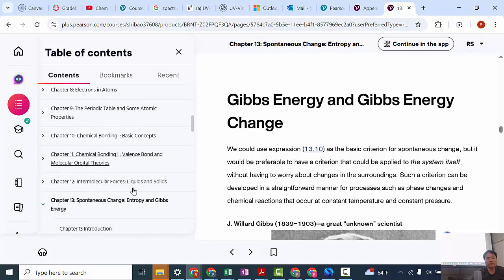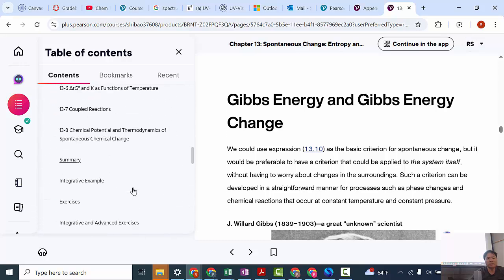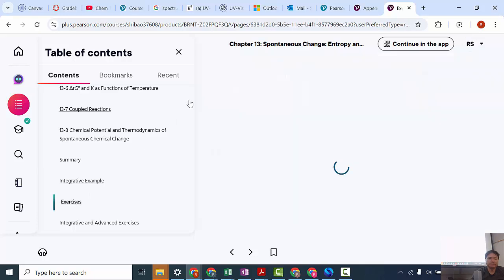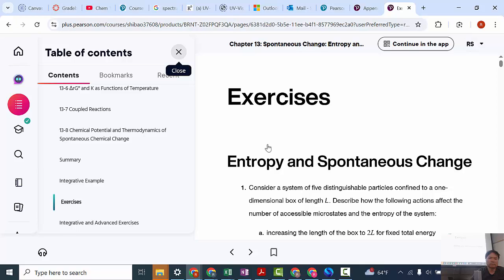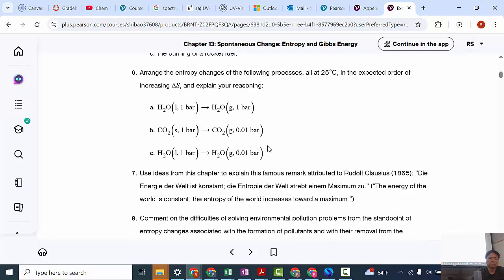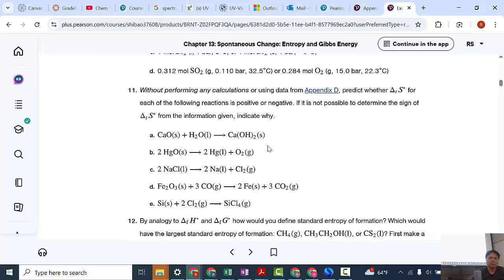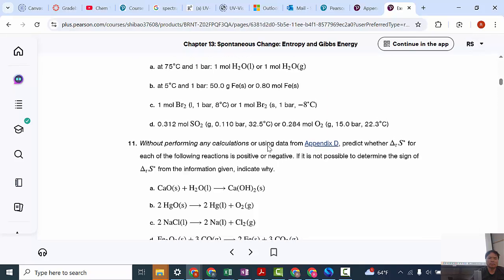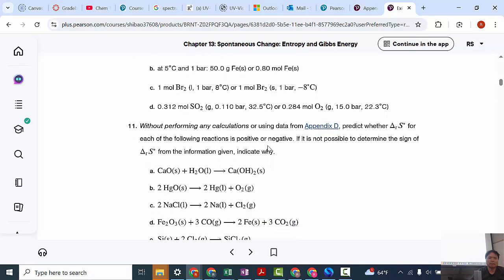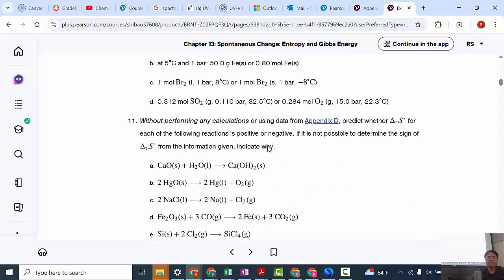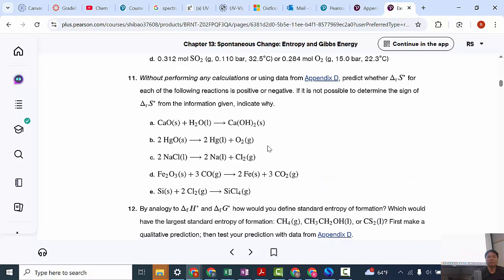So let's take a look at some reactions that are easy to determine here. Some of these might be difficult to determine delta H, but I think we can determine it.